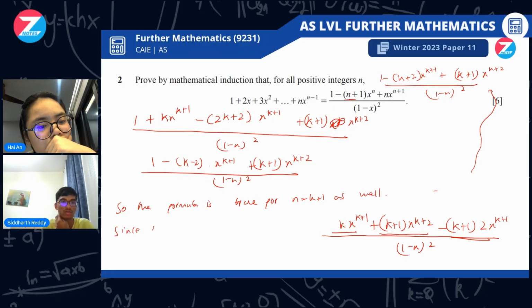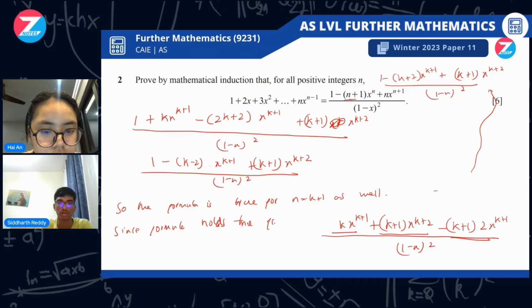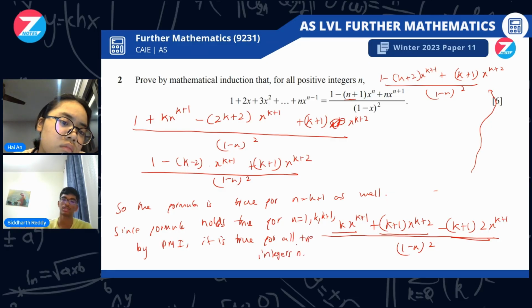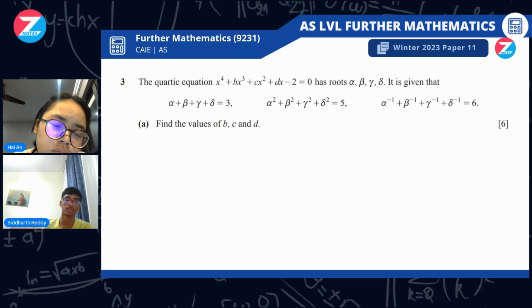Since the formula holds true for n equal to 1, k and k plus 1, by the principle of mathematical induction, it is true for all positive integers n. So you have to write this final statement. So let's move on to the next question.